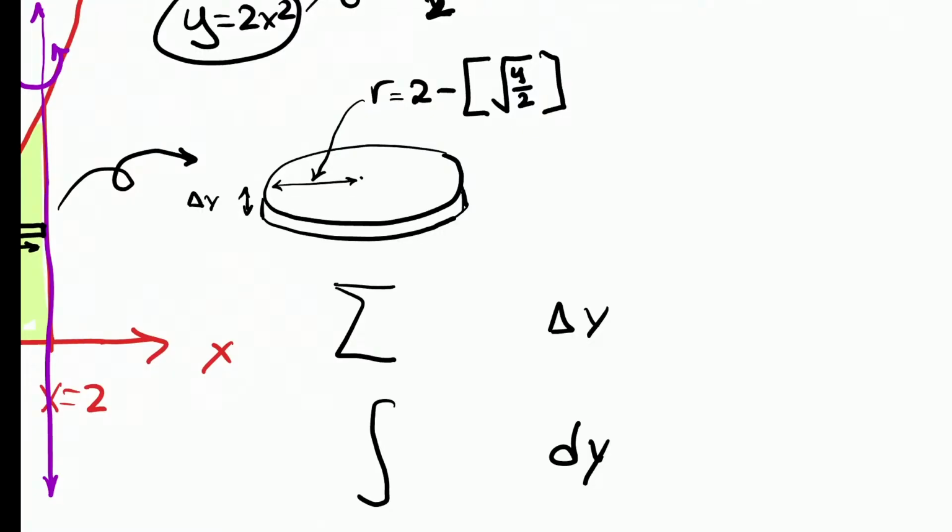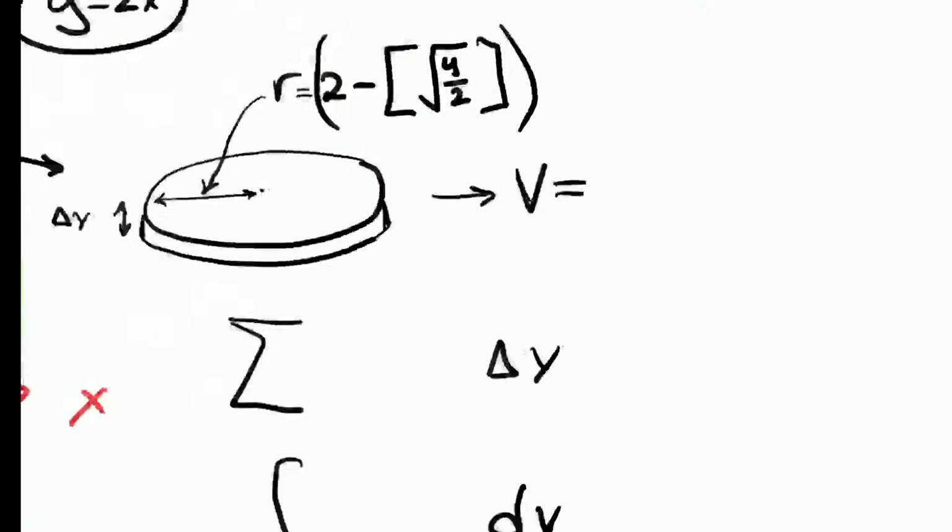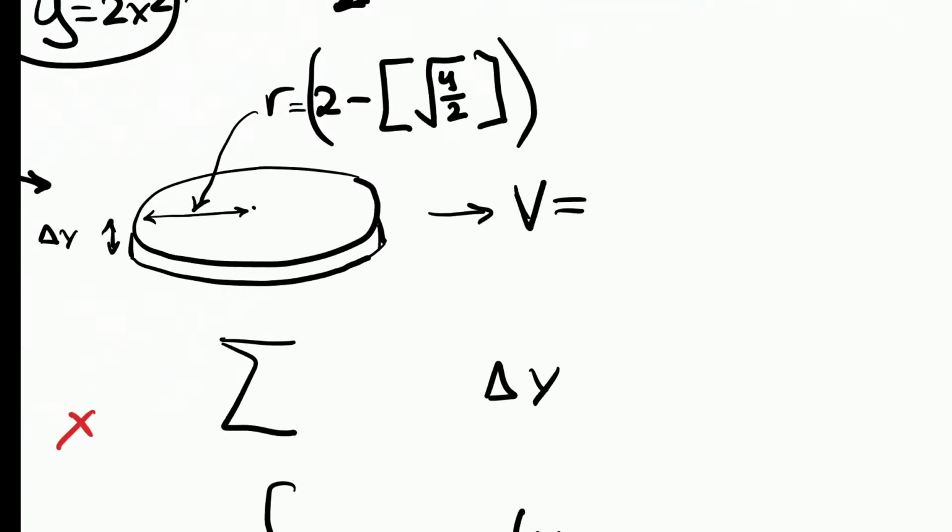Now that I've got the correct radius, I need the volume of this disk. So write down what you think the volume is based on this information here. We'll see how you did. Michael G., you got a volume, don't you? All right, take your time.